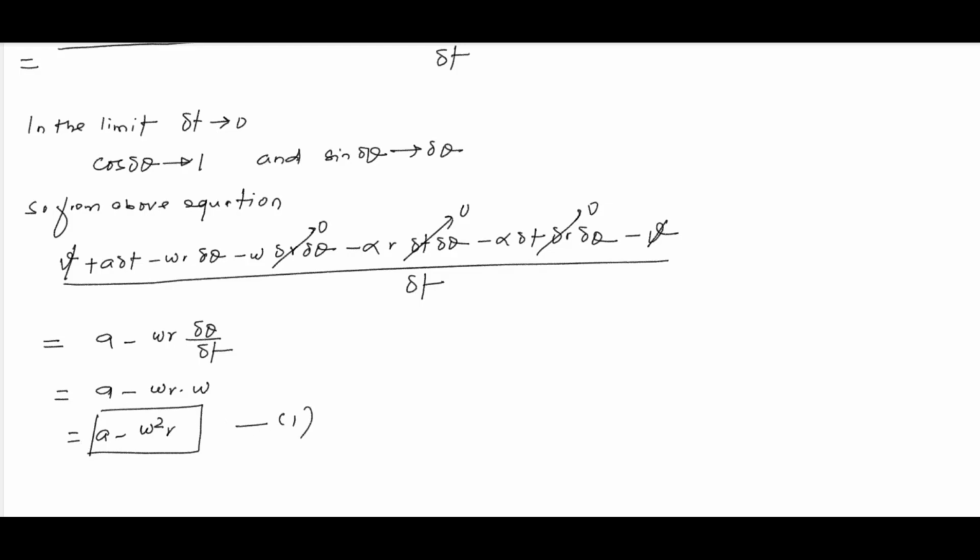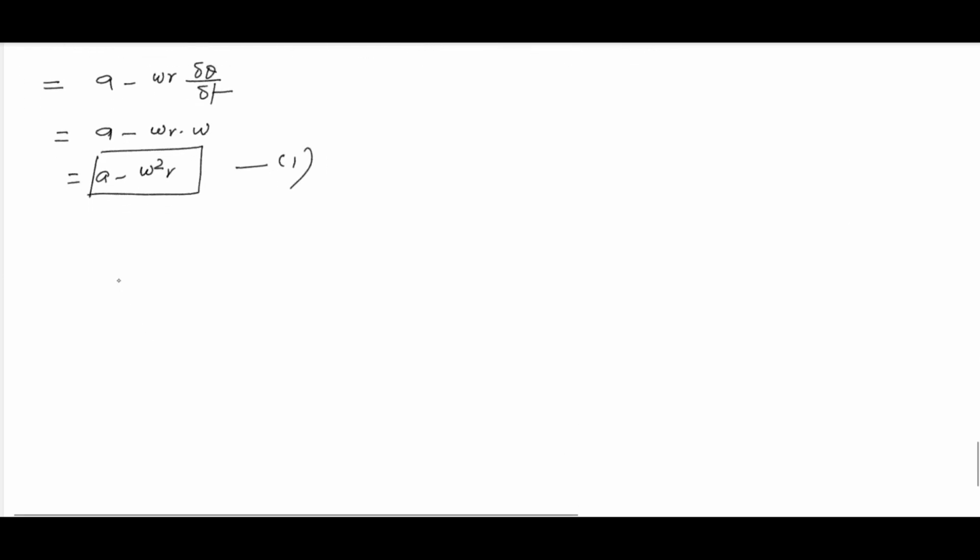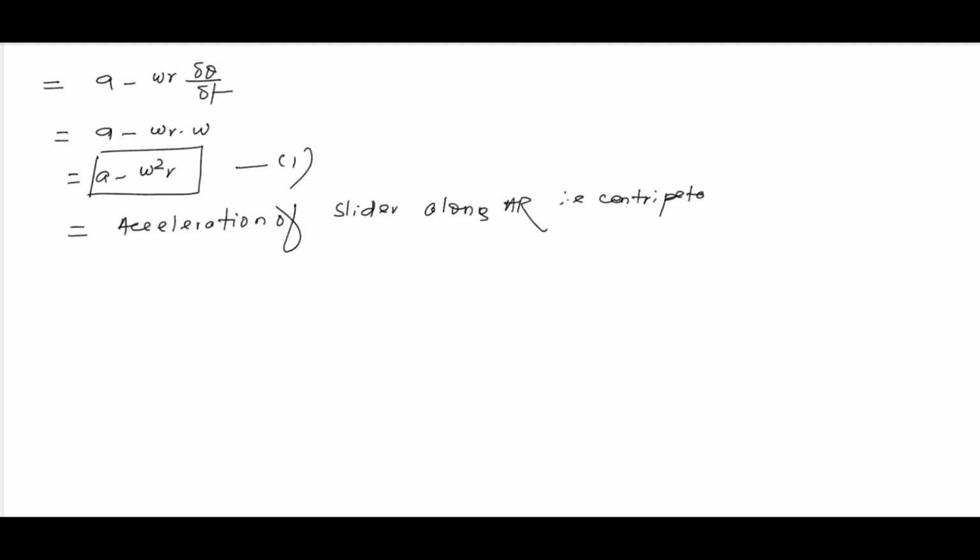Let's say this is equation 1. Now we can represent this as the acceleration of slider along AR. That is the centripetal acceleration component, that is known as centripetal acceleration component.